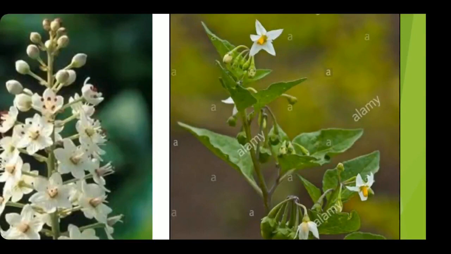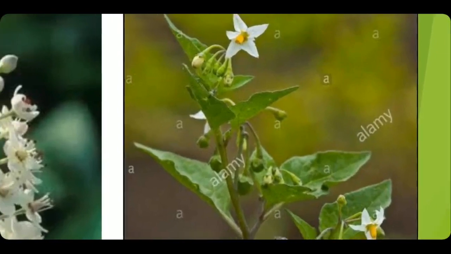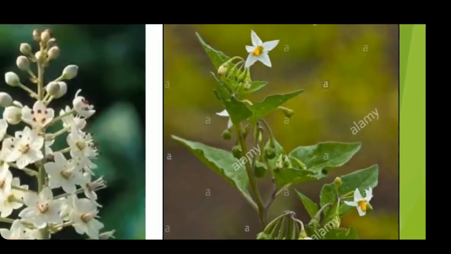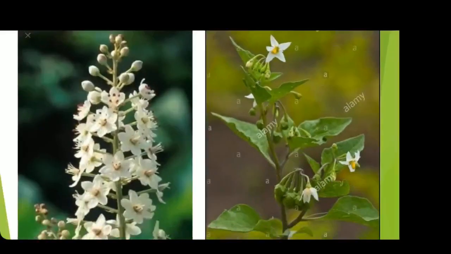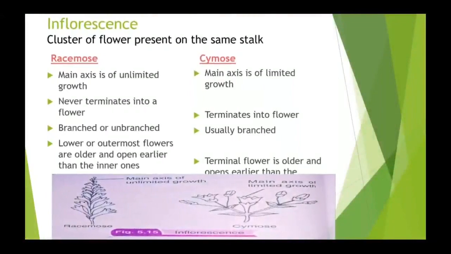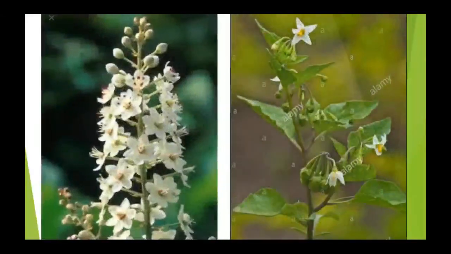There is a main flower, that white flower, which is the only flower that has blossomed. It is the older flower. Nearby you can see branches which have buds, and they develop into flowers after some duration. So this is about racemose and cymose inflorescence.